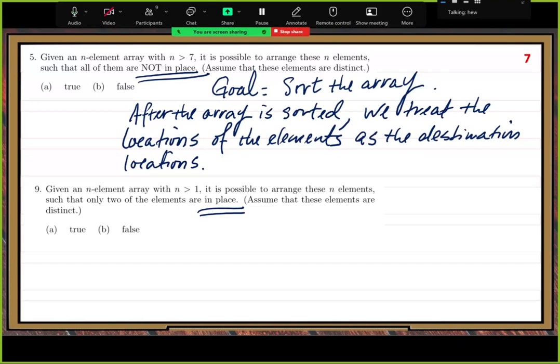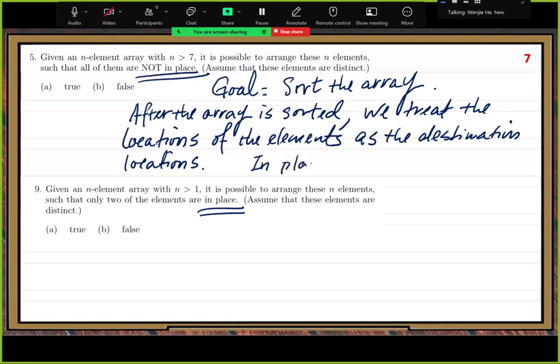When you do the sorting, you move elements around, swapping, so locations change. So at the end, when the whole array is sorted, each element has its destination location.